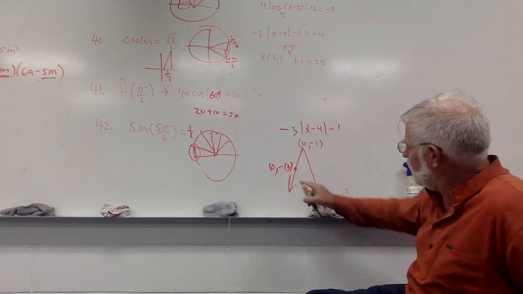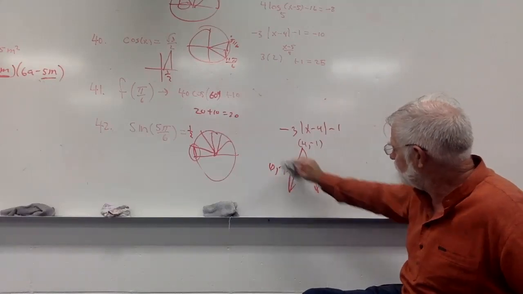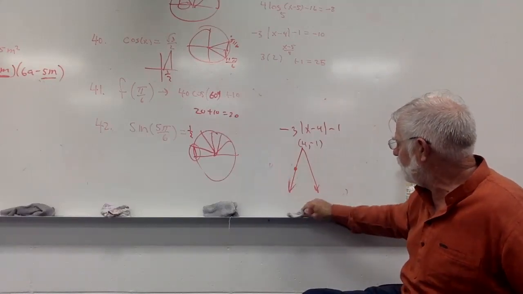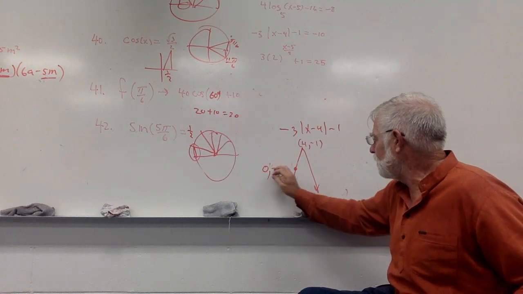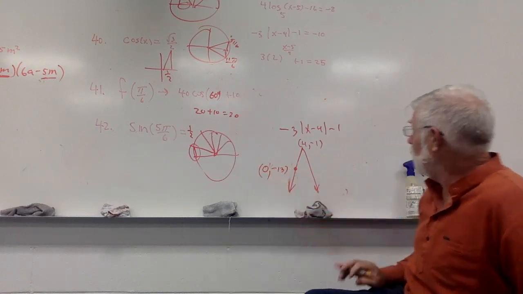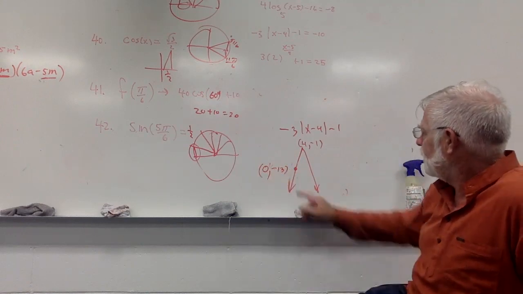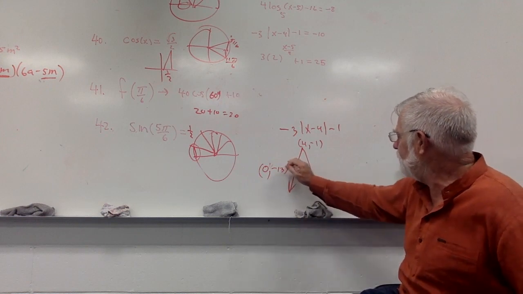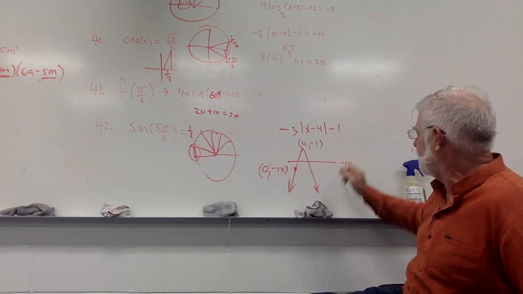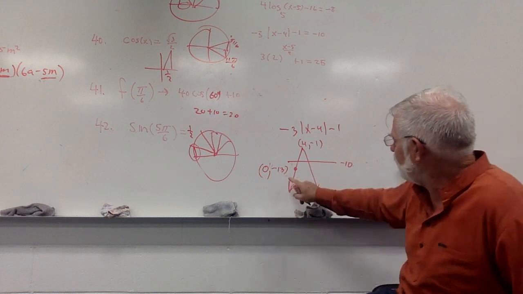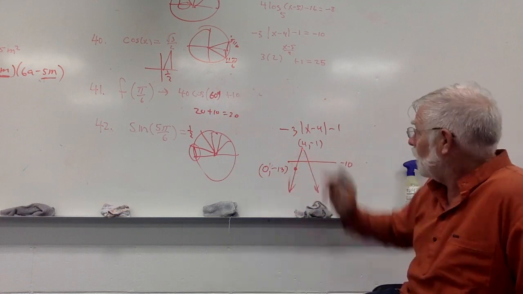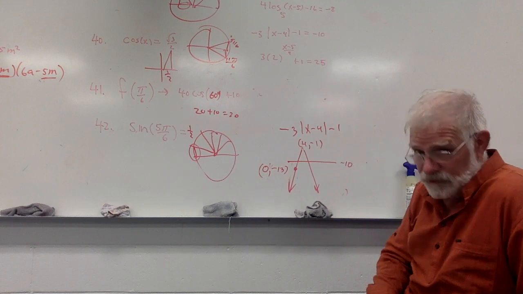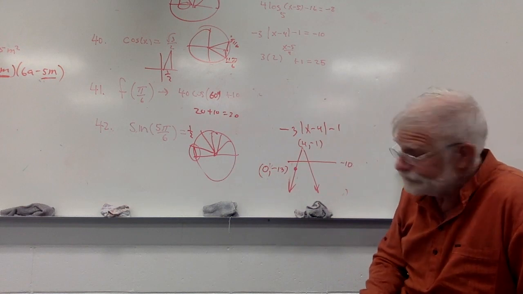Yeah, that's an ugly minus 13. I'm just going to give you the height. And we want a height of minus 10. Minus 10 is above it. I can see that I have an answer between 0 and 4. When I solve this, if I don't get an answer between 0 and 4, I'm going to be very upset.